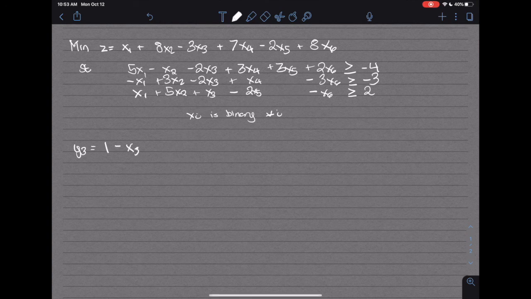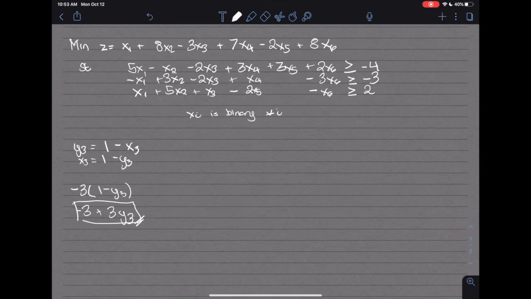In this scenario, let's try plugging it in. This will also mean that x3 is equal to 1 minus y3. If we plug it in your objective function, you will get a negative 3 times 1 minus y3, and get a negative 3 plus 3y3. In this scenario, we are able to transform the objective function coefficient to positive. Let's check if it still maintains being binary.